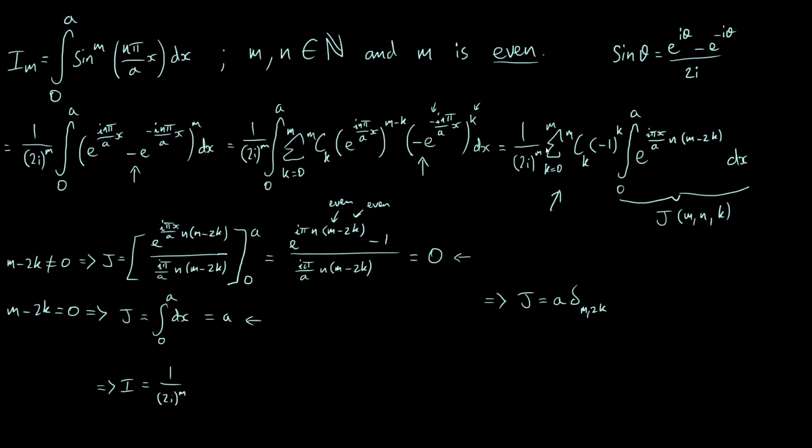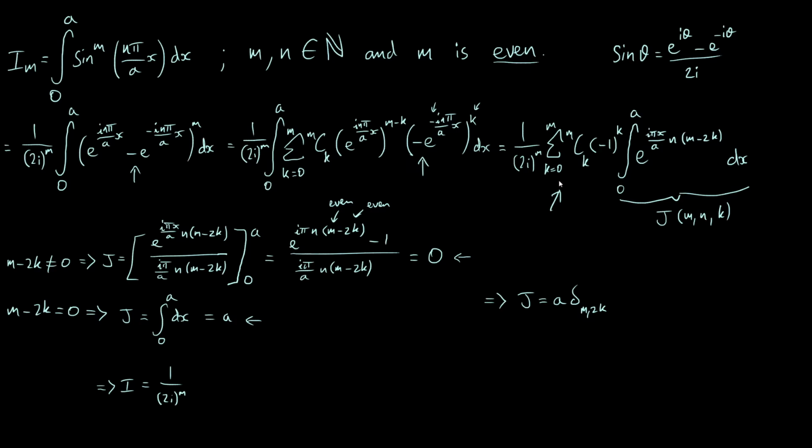Now this is where we can do a really nice simplification, because we've got this sum over all the k values from 0 to m, but we know that j is going to be 0 for most of them, right? Unless we are at the specific value of k that makes 2k equal to m, j is just going to be 0, and so most of the terms in our sum are just going to be 0. So we can actually get rid of the sum and just say, well, 2k has to be m, right? That's the only way we can get a non-zero contribution from that term.